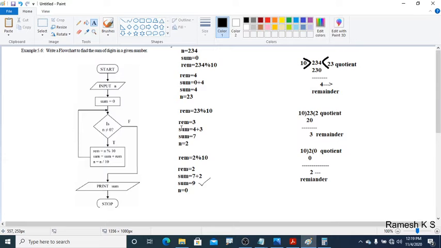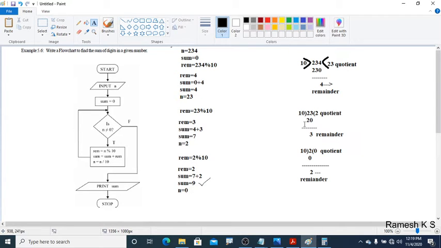Now we are getting this remainder, and this value we have to add here. So sum is 4, and we add the present remainder value here. 4 plus 3 is 7. Sum is 7 now. So again we find the n value.